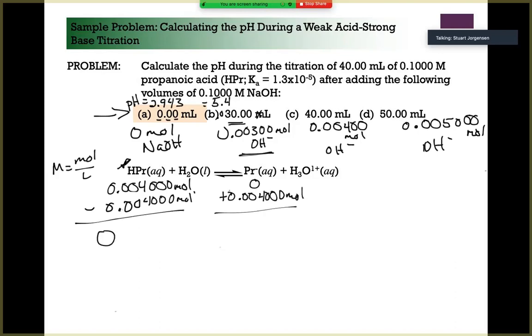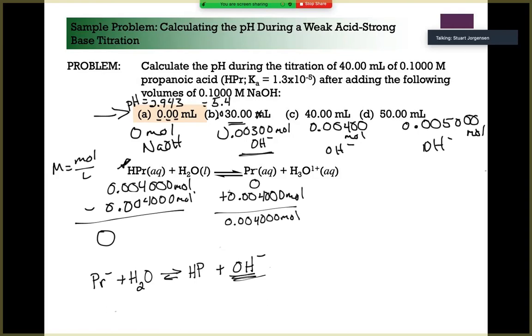Okay, so now there's none of that, and now I've got 0.004000 moles of my conjugate. Now, wait a minute. The conjugate of a weak species is a strong species. So now we've got propanoate floating around, but some of that's going to react with the water to form some new weak acid and some new hydroxide.